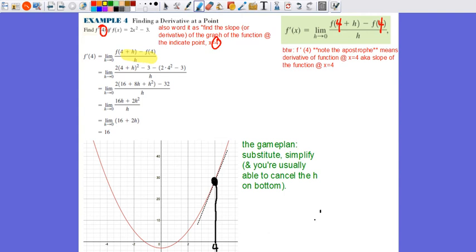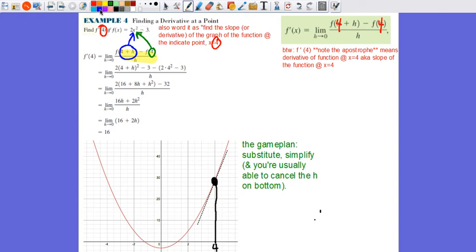So we're substituting here, I'll do it in blue. 4 plus h, we're substituting that into x. And later on, we're substituting 4 into the x.